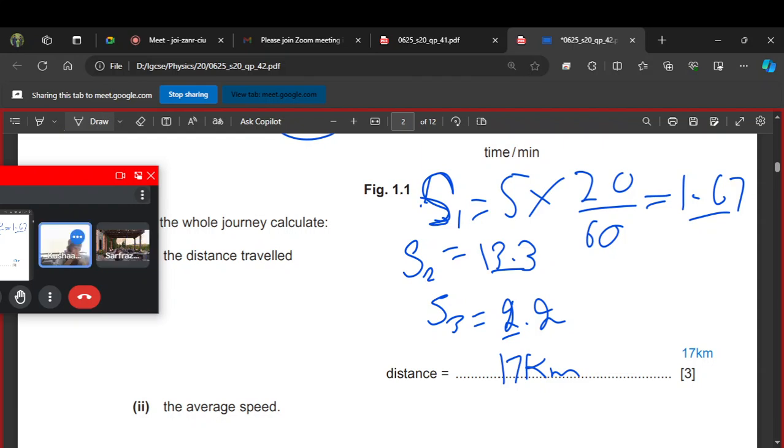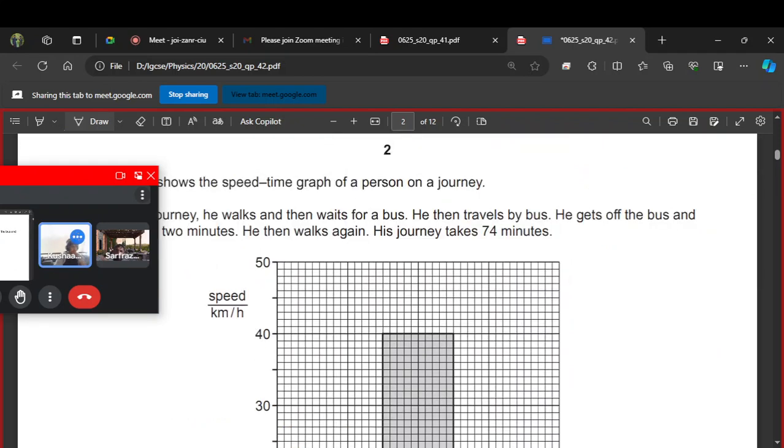Okay. So the next question is: what is the average speed of this person? So they travel 17 kilometers in 74 minutes. By the way, should we use 62 or 74?